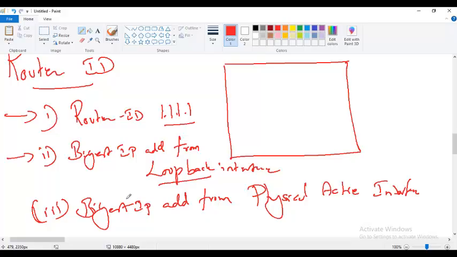We can configure it. If you don't configure, it is going to pick the highest IP address from the loopback interface. If the loopback interface also does not have an IP address, or you don't have a loopback interface, then it is going to pick the highest IP address from the active physical interface. Is that clear? Did you understand?